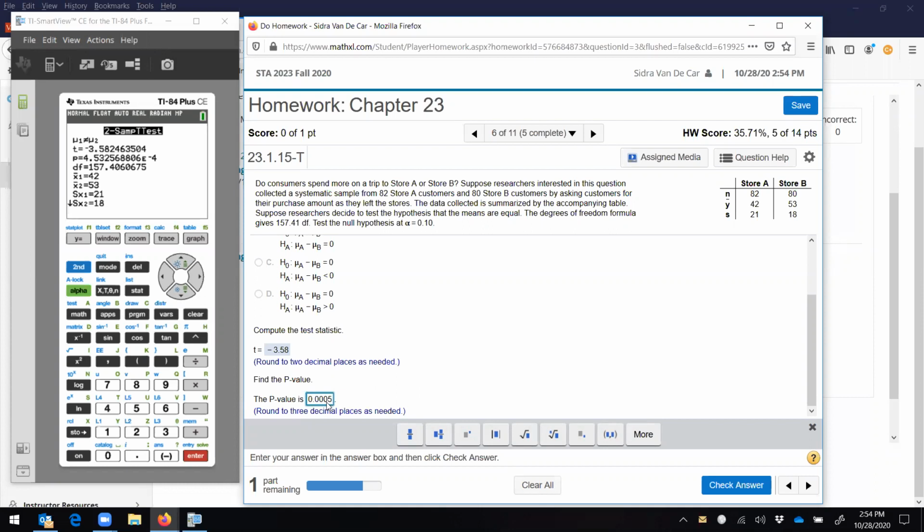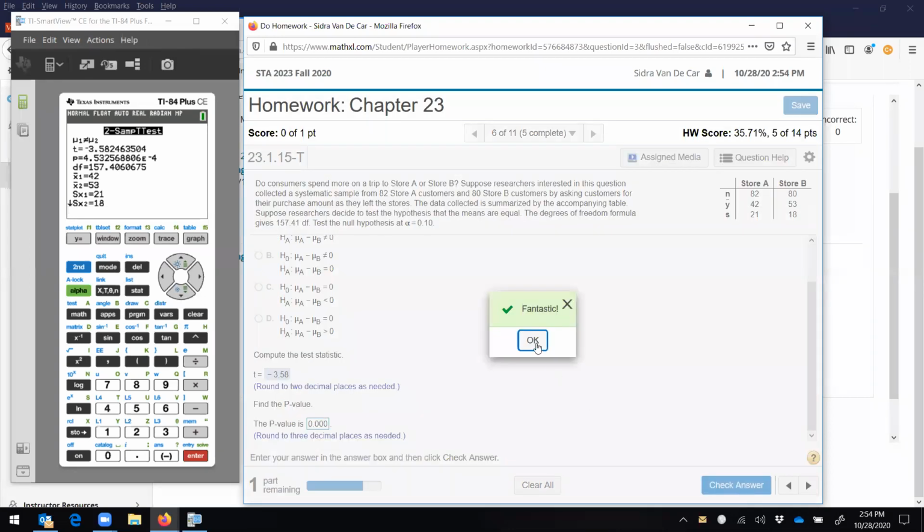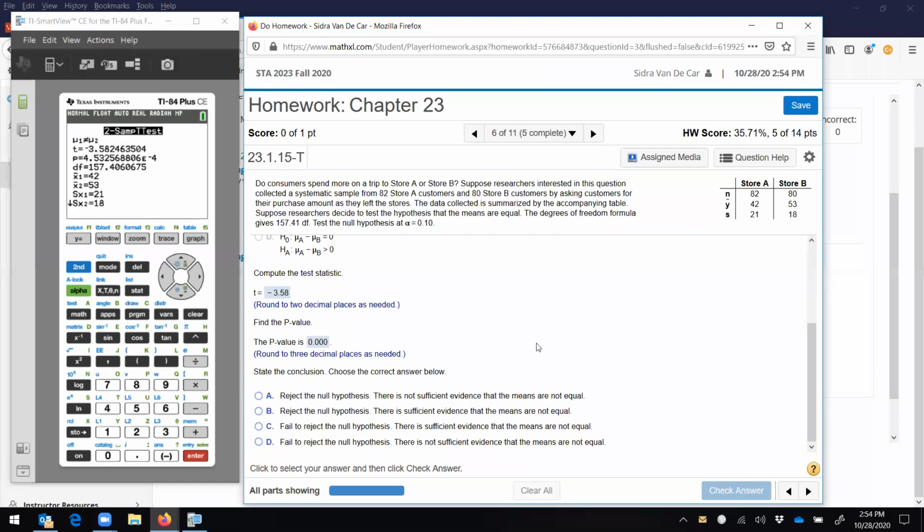So actually, I'll round to 0. Okay, all right. Just go with it. It's fine. We normally never say a p-value is equal to 0, so I don't like that it did that. You'd say the p-value is less than 0.01.